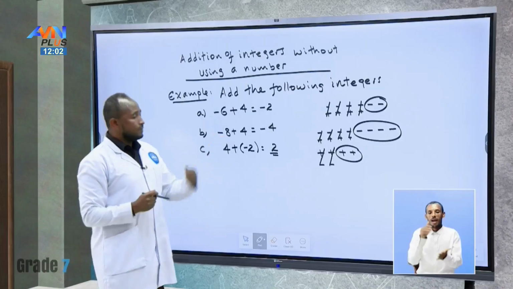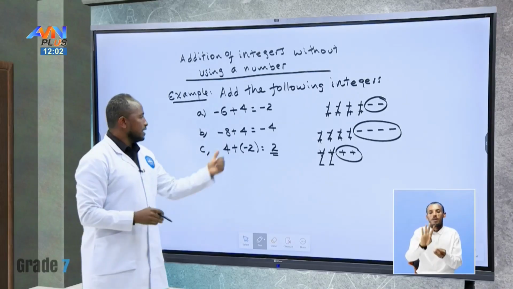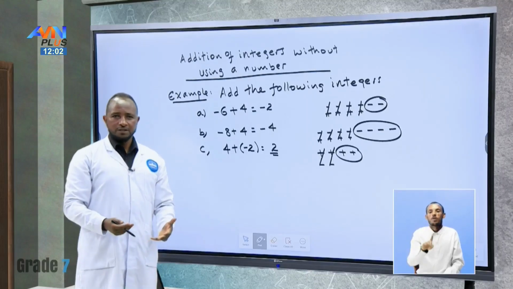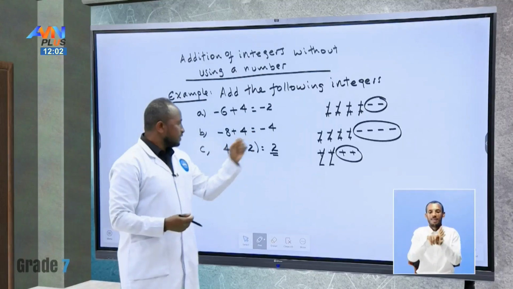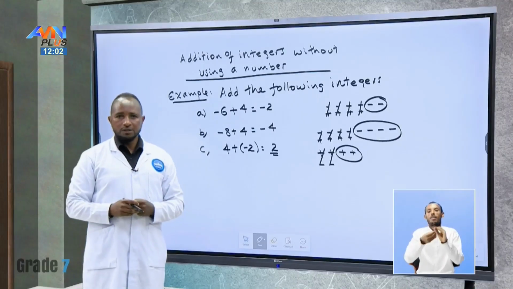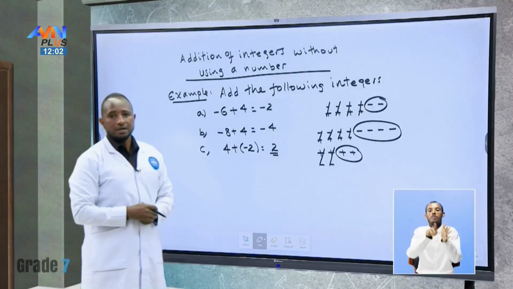Again here, when you add negative 8 and positive 4, you have more negatives. The result will be negative, and then you take the difference of the numbers 8 and 4. The difference of 8 and 4 is 4, so the result is negative 4.